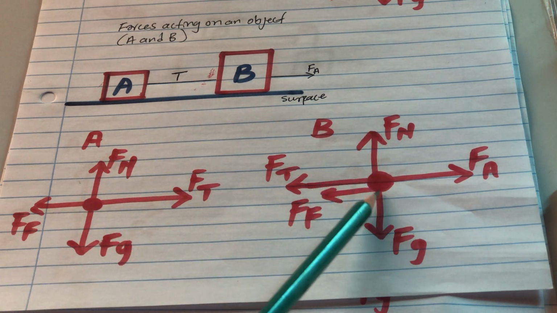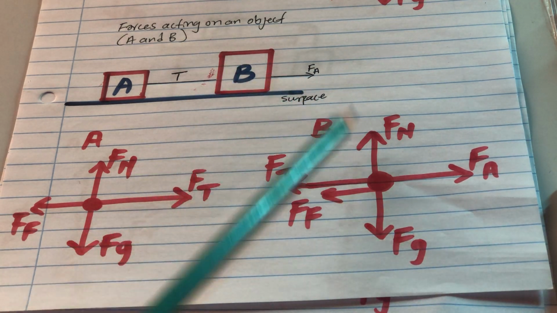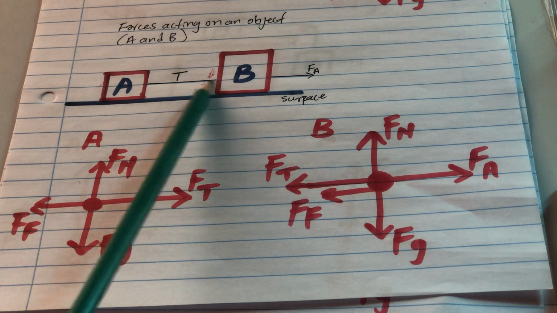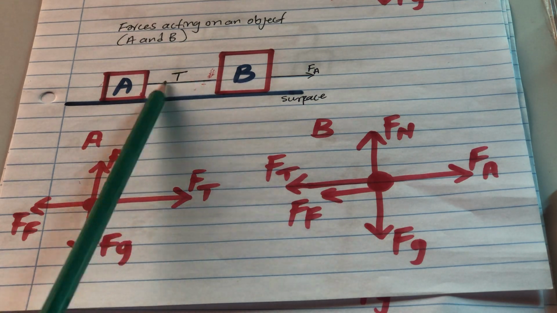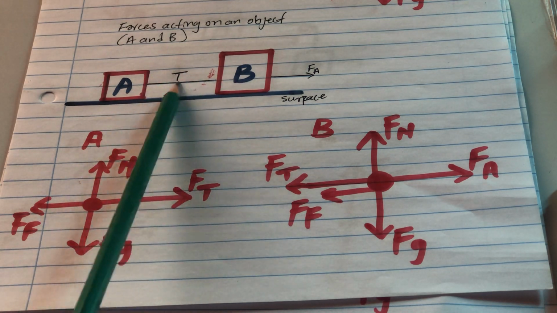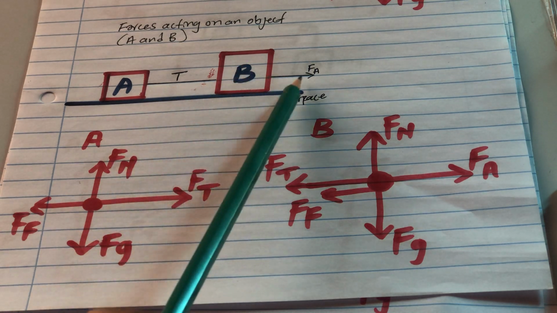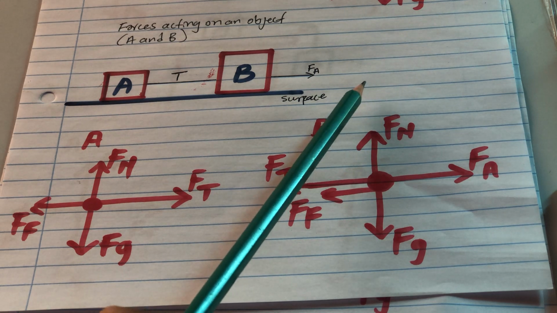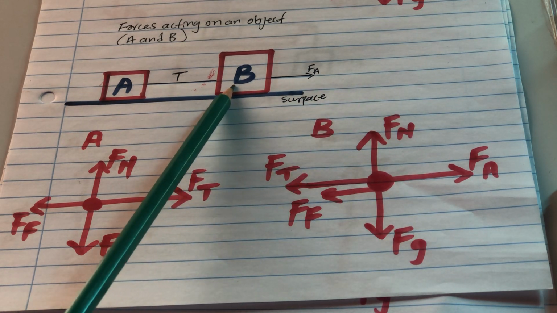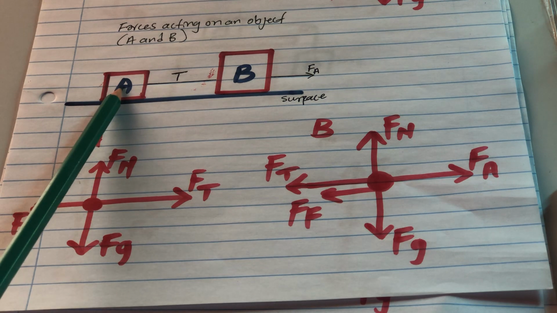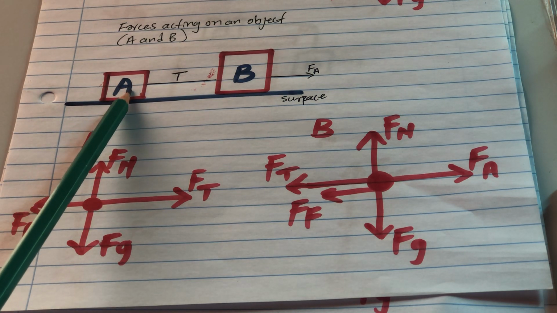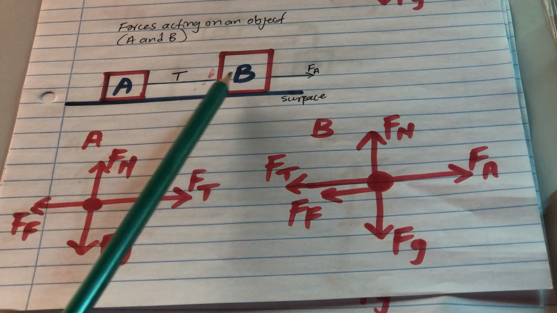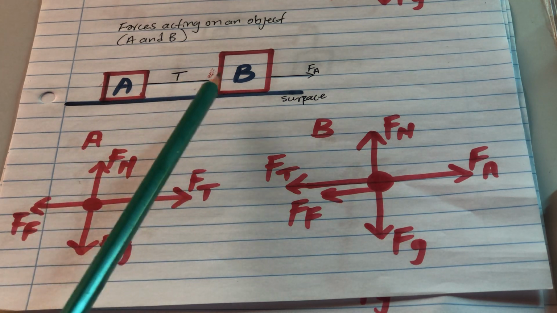F normal, Fg, the applied force, correct? Here, remember, we have a force which is being applied on B by the string. As Fa is pulling B to the right, B, because it is attached to A, as a result, it will pull also A, but A will be resisting.